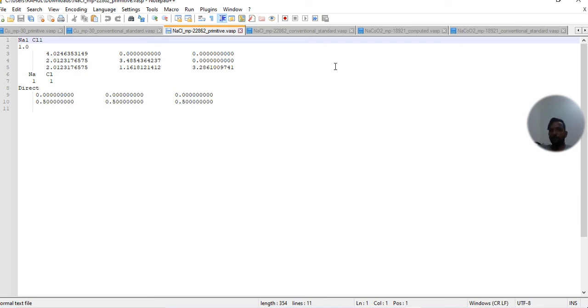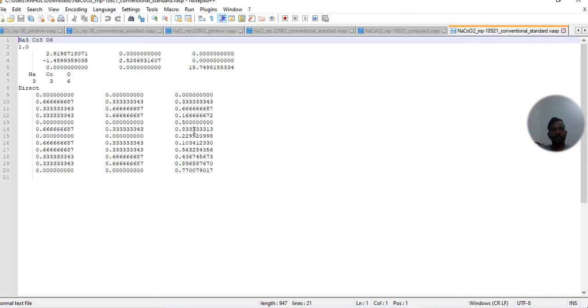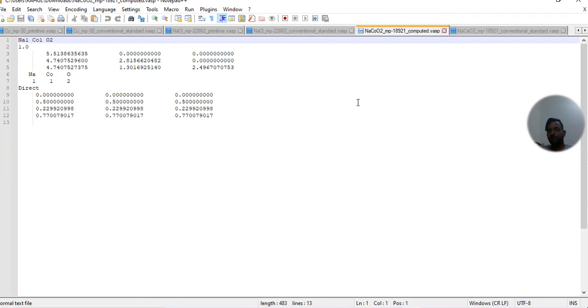Similarly, for the conventional standard, it makes 3 nodes. It is a 3 node system, which means it contains 3 formula units. If you make the primitive cell, it will consider 1 node, which means 1 formula unit. So it can also be possible that your system ends up with multiple formula units.